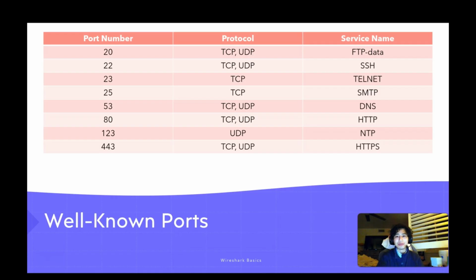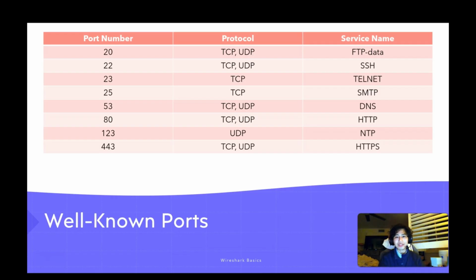So for example here, if someone refers to port 20, or if you see port 20 appear in one of your Wireshark logs, then it's safe to assume that the protocol, it could be TCP or UDP, but the service is very likely to be FTP data. That's File Transfer Protocol data, so it's transferring data.